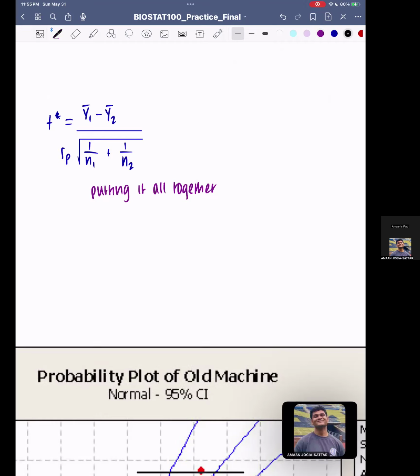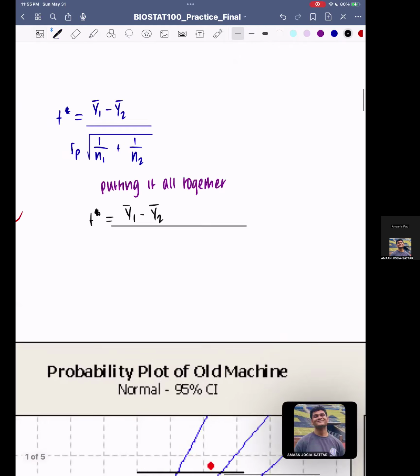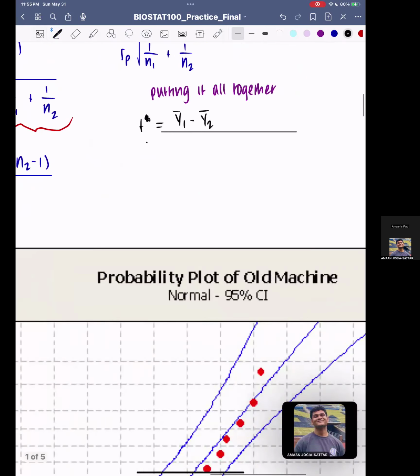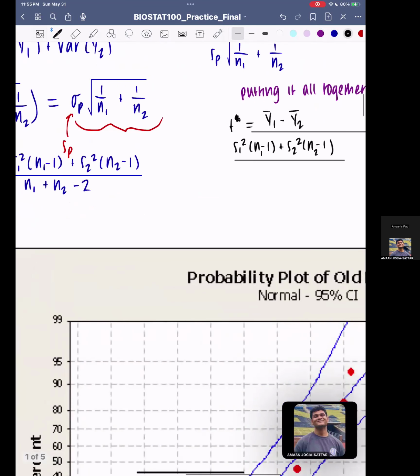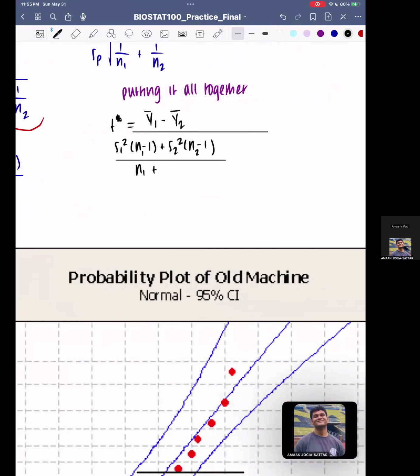But putting it all together, you're going to have t star equals y1 minus y2, so the difference in sample means. We're going to divide that by the square root of S1 squared times n1 minus 1 plus S2 squared times n2 minus 1. Sorry, forgot the subscripts. There we go. Divided by n1 plus n2 minus 2.